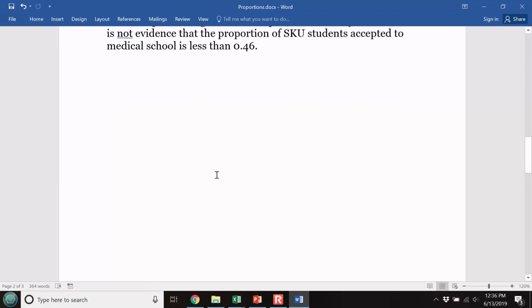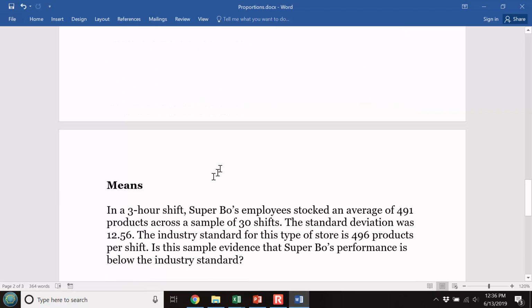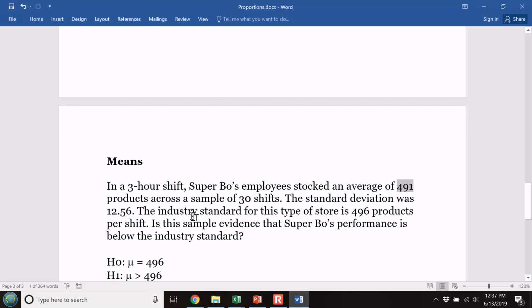Let's do some with means just to see the process. So here's a question. We've got a certain brand of store stocking products over a sample of 30 shifts, and we got their performance. The mean number is the sample mean. The standard deviation is a sample standard deviation. It says the industry standard is 496.